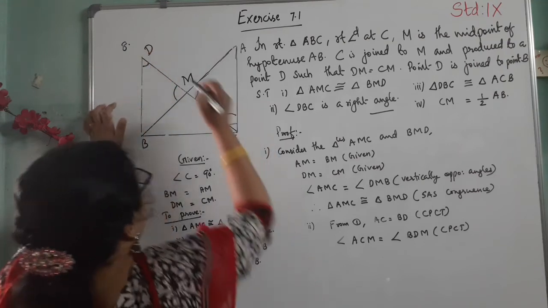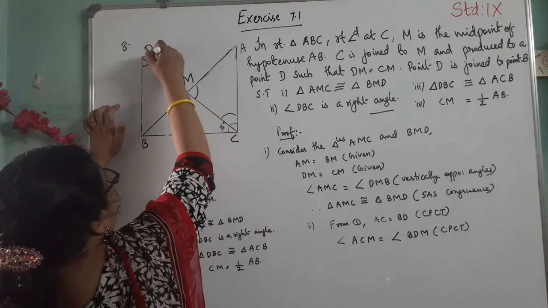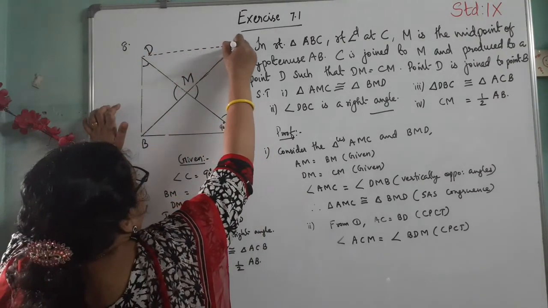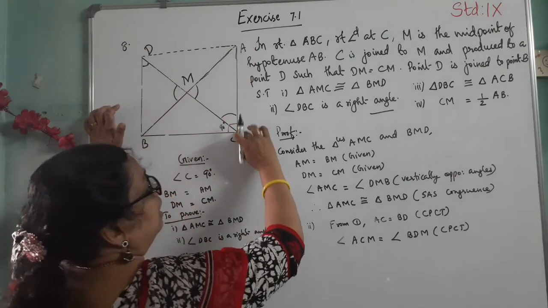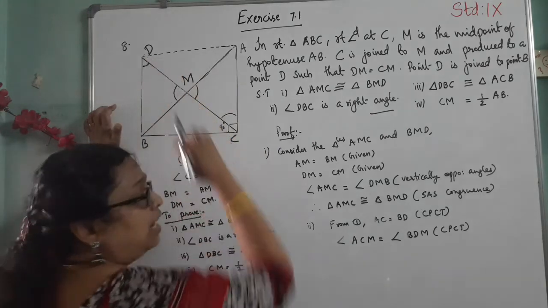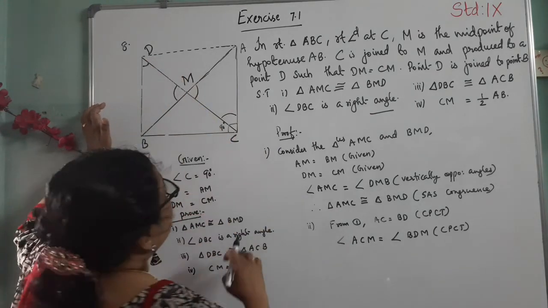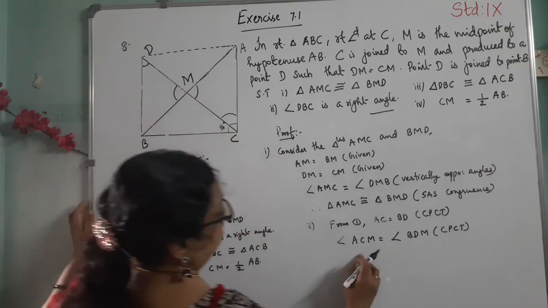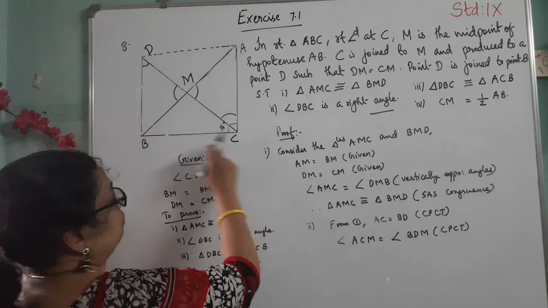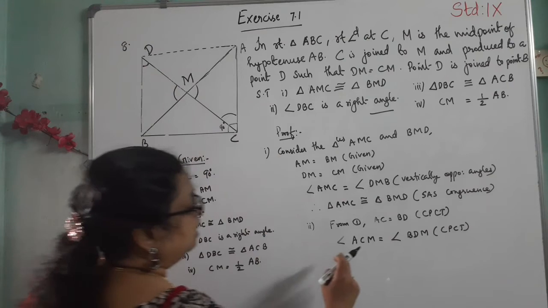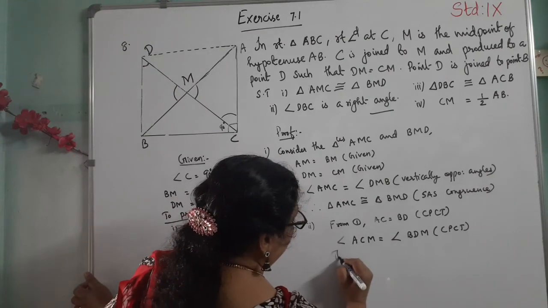Then here also we can join these points: these two lines and a transversal cut. This angle and this angle are alternate interior angles. Alternate interior angles are equal, so these two lines are parallel. That also we know, BC is parallel to AD.